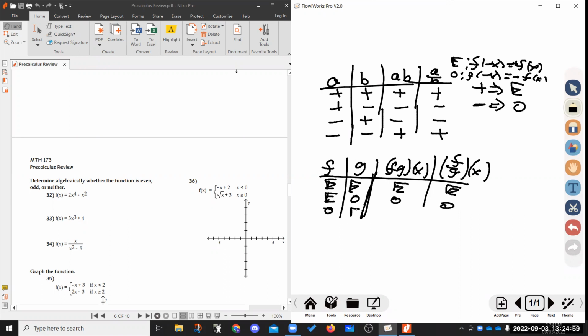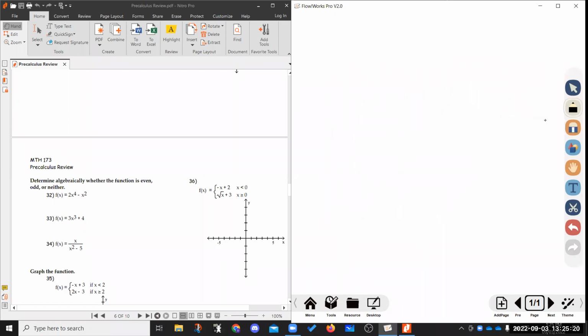If I have an odd and an even, these will be odd. And if I have an odd and an odd, these will be even. Sorry that I'm writing on a slant there, but you get the idea of how these are related concepts. It's probably not in your pre-calculus textbook or in your calculus textbook. That's just free information that I'll give you that I figured out over the years.